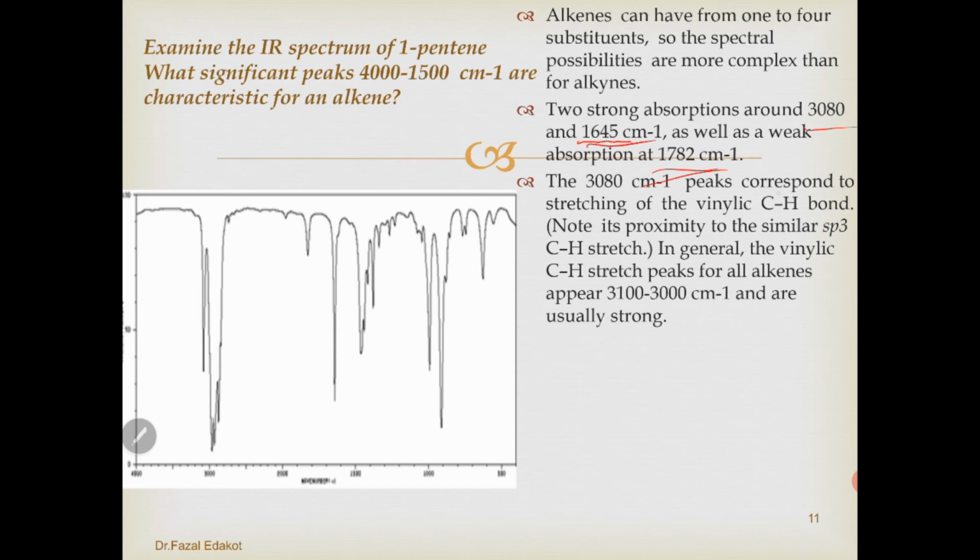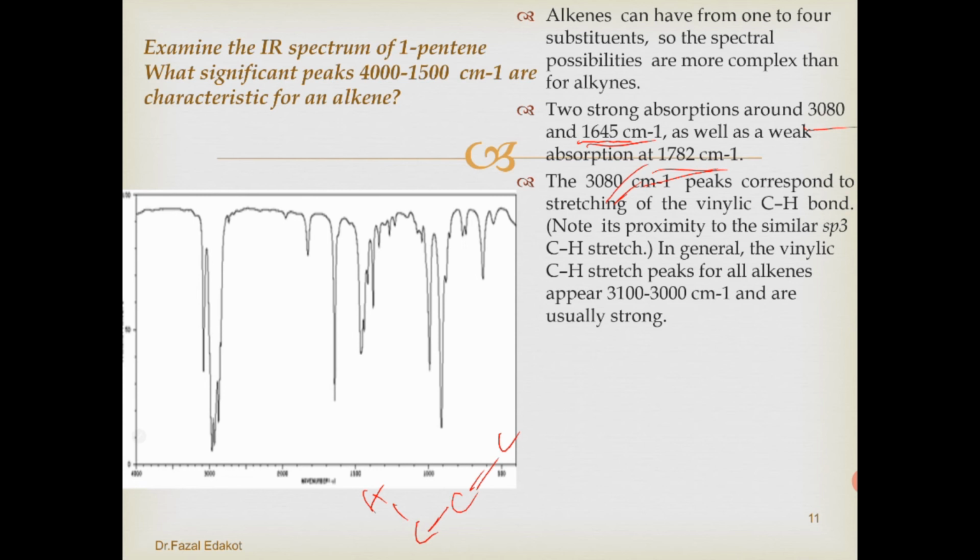In 1-pentene, vinylic means the hydrogen on the C double bond C. It is approximately similar to the sp3 CH bond, which we have already discussed, and comes almost similar to that. In general, vinylic CH stretch peaks for alkenes appear at 3100 to 3000 inverse centimeter and are usually strong.